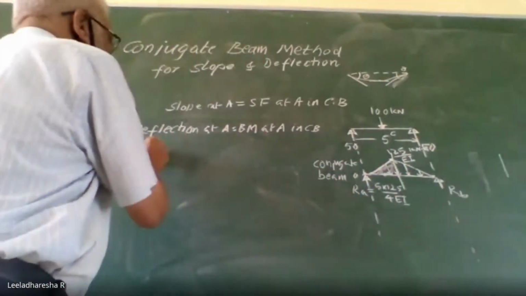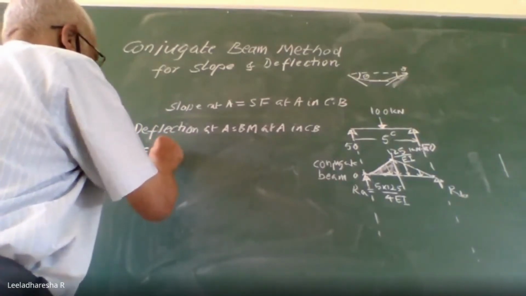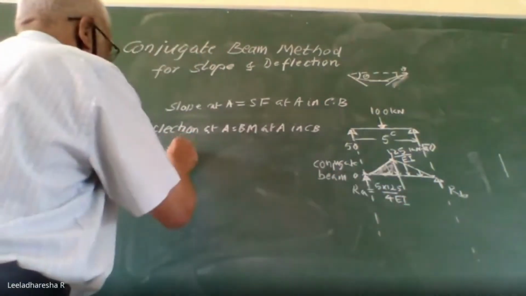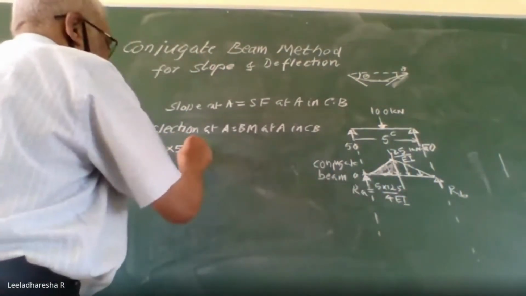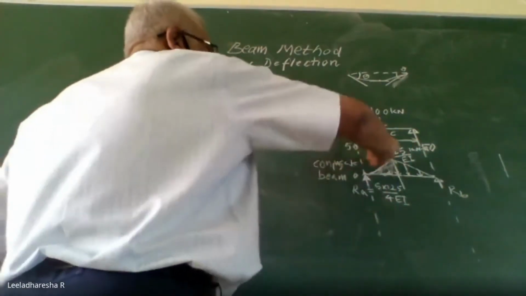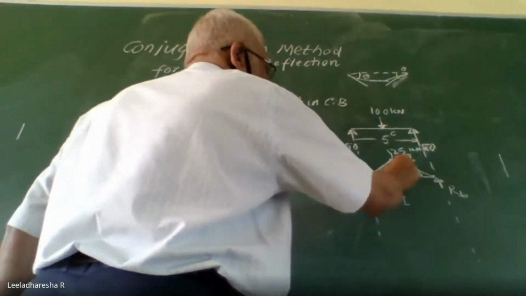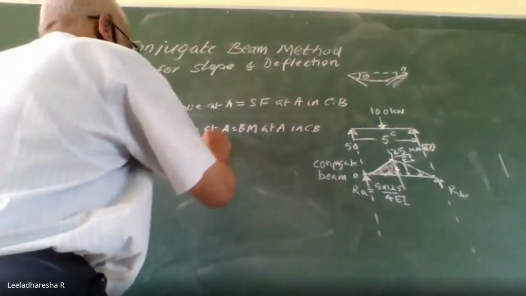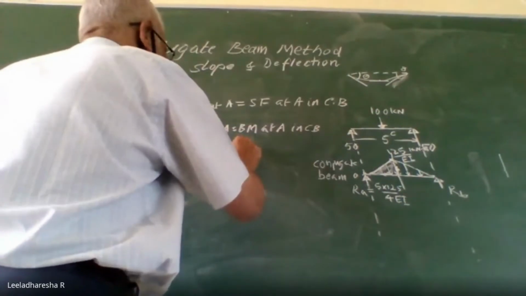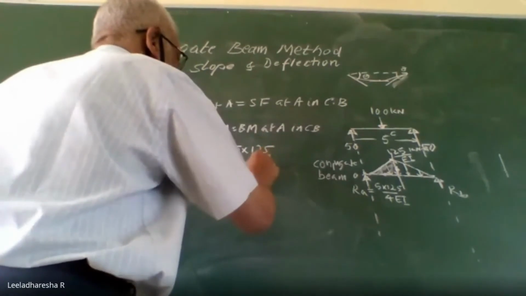Bending moment is equal to RB into distance 5 meter minus, this is positive bending moment, this gives anti-clockwise, this total load, and the CG of this triangle is exactly at the center. So, half the area of triangle, half into base into height 125 by EI.